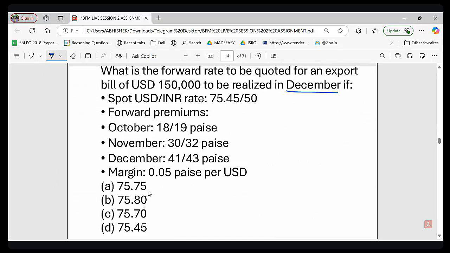Options are 75.75, 75.80, 75.70, 75.45. I hope you are able to see the question clearly.